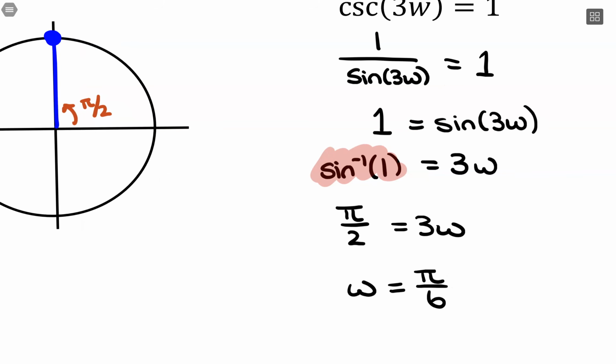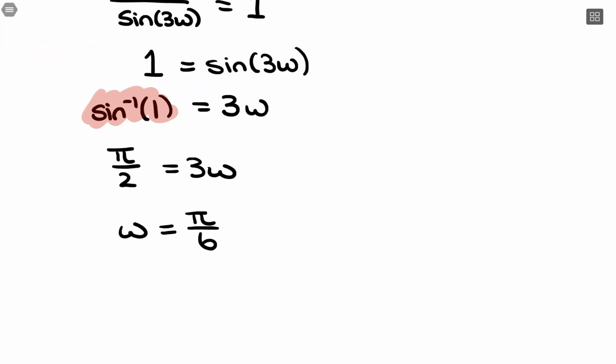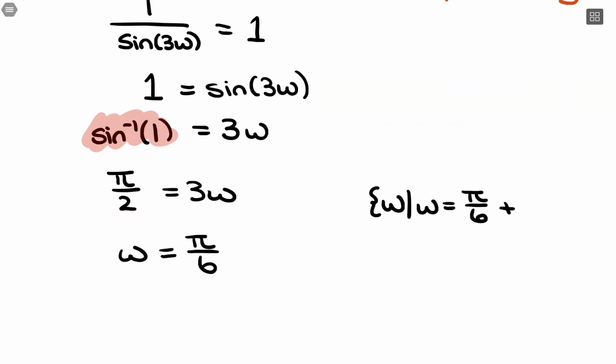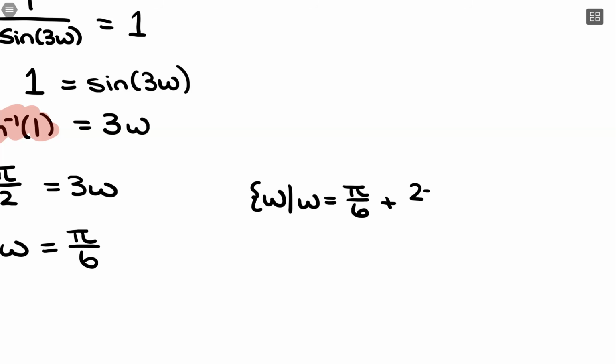So if I jump over to making the formula, I have this one angle measurement, and it's just because that inverse only produces one solution. So w is equal to taking that angle measurement and then adding on the period, which is 2 pi over 3, times k, where k is an integer.